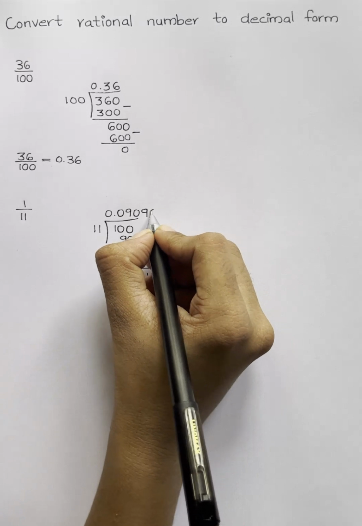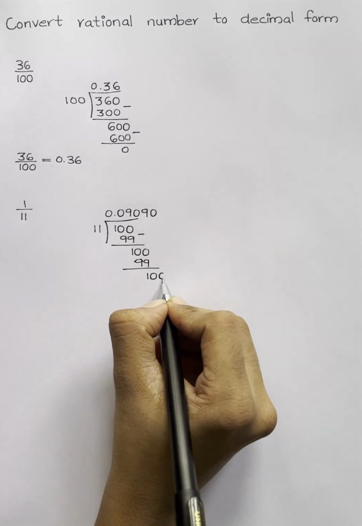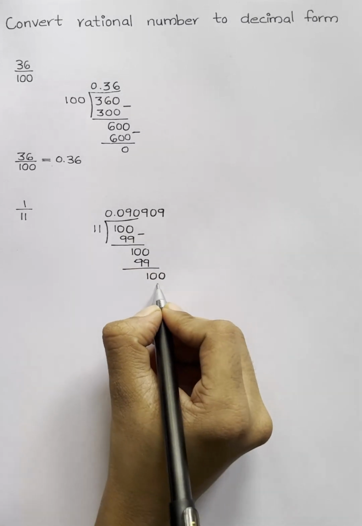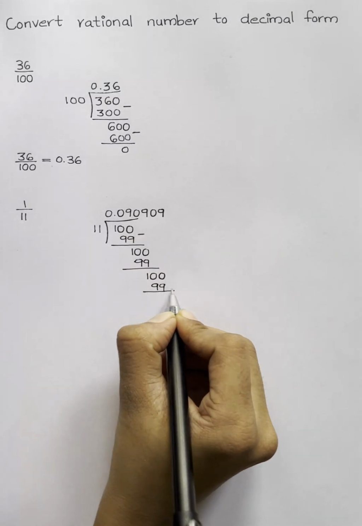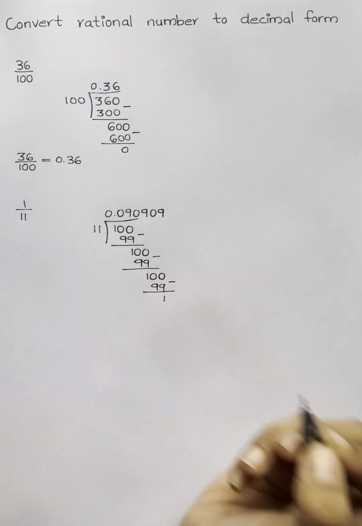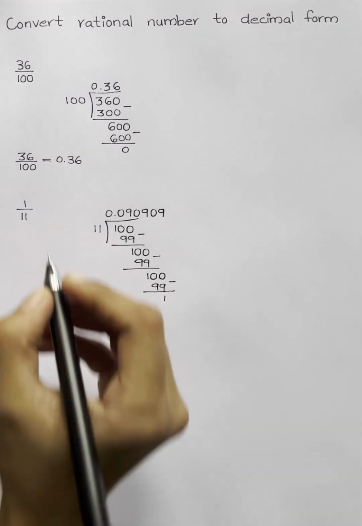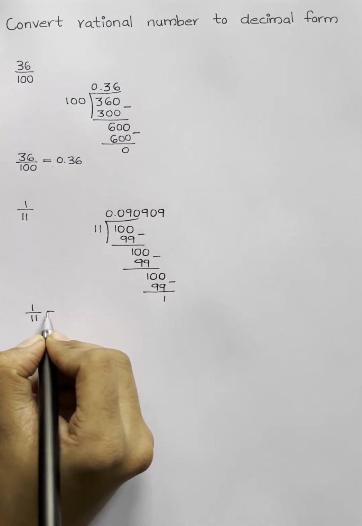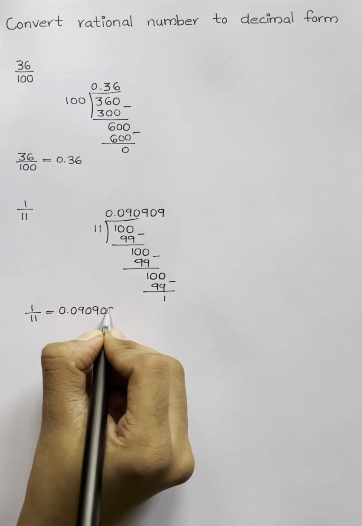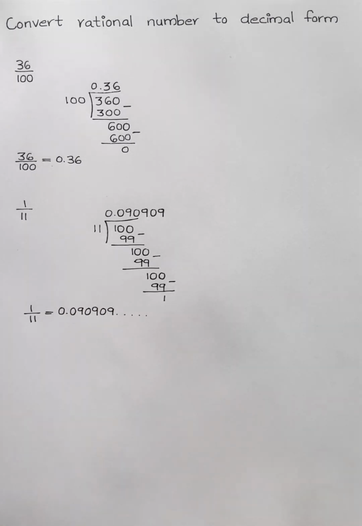So, add 0 to the quotient and add 0 to the new dividend. 100 divided by 11 is again 9. 9 into 11 is 99. Again, 100 minus 99 is 1, and so on. Therefore, 1 by 11 is calculated as 0.090909, etc. And 1 by 11 is a non-terminating recurring rational number.